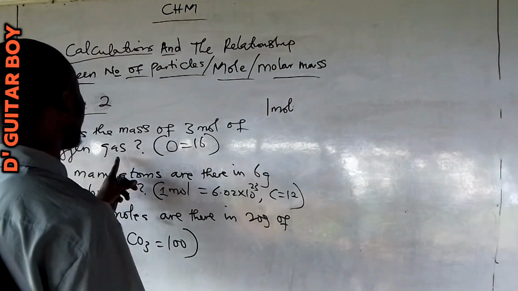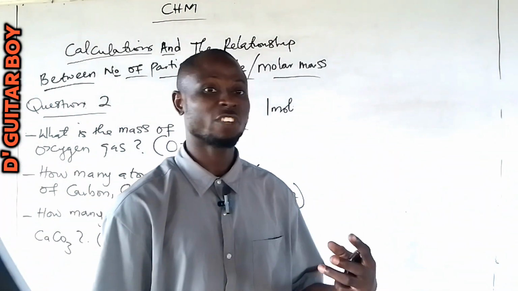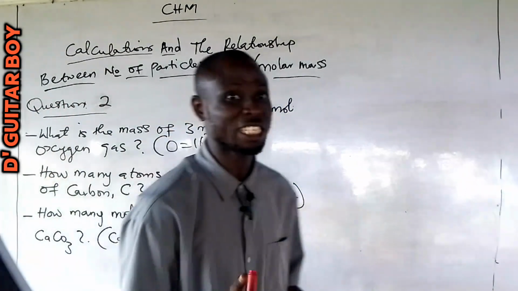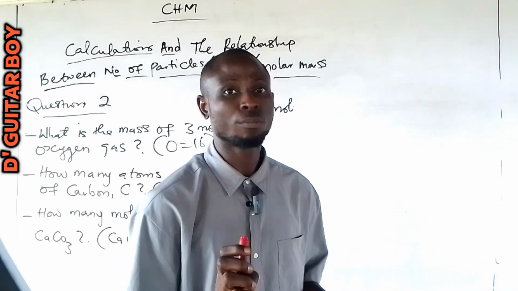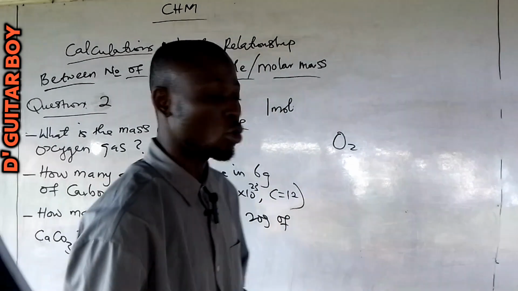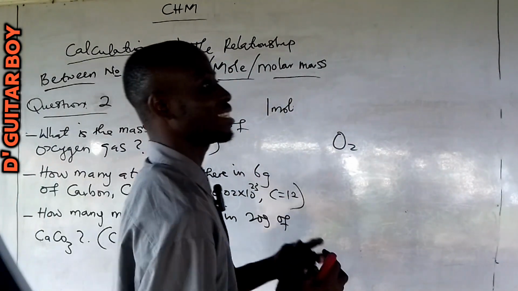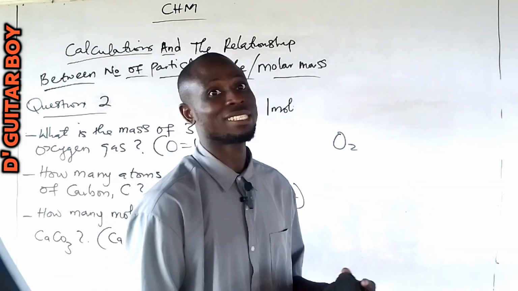Like I told you before, since they say gas, imagine the oxygen gas you have in your atmosphere, in your laboratory. They never exist and can never exist in free state as an atom. They exist as a molecule, that is O2. So when you hear gas, they exist in their molecular form, except some that exist in atomic form.